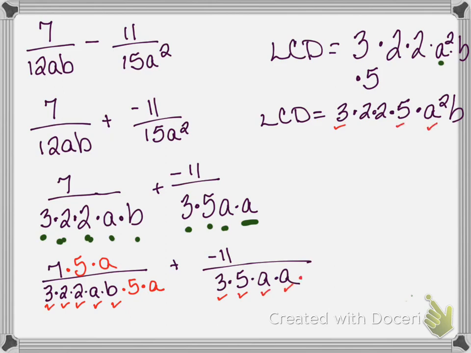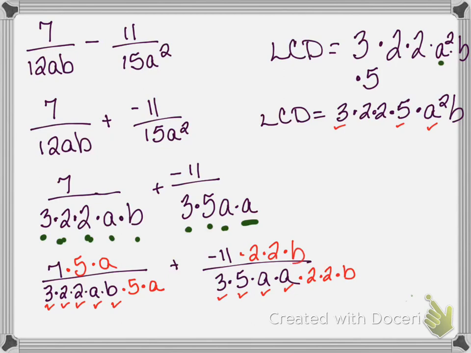What am I missing in my second one? I'm not seeing any B's in the second one. I'm missing both 2's, and I'm missing a B. If I multiply the denominator times it, I've got to multiply the numerator.